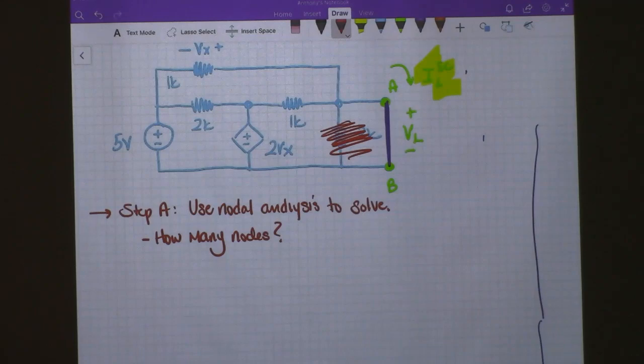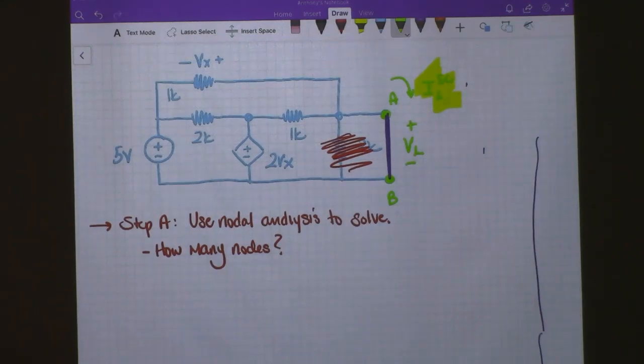All right, so how many nodes do we have here? We have 1, 2, and then, because this is shorted, everything in the green becomes 1 node. So we have 1, 2, 3 nodes that we're solving for, right? So answer 3.